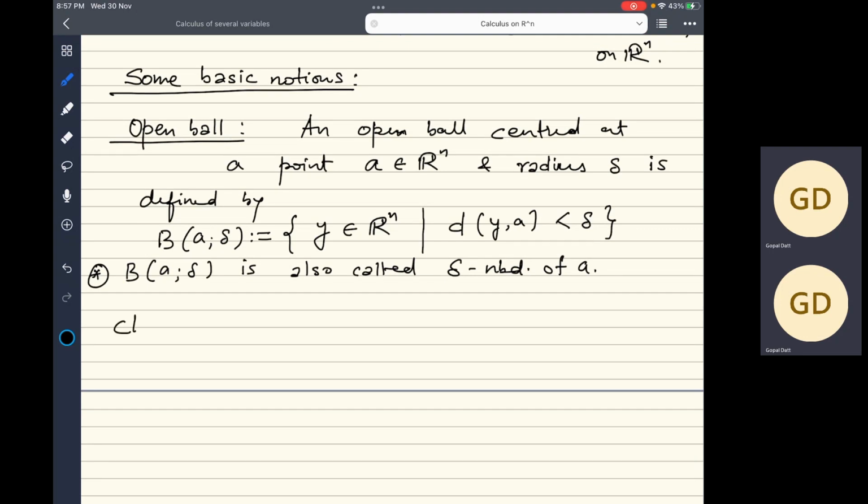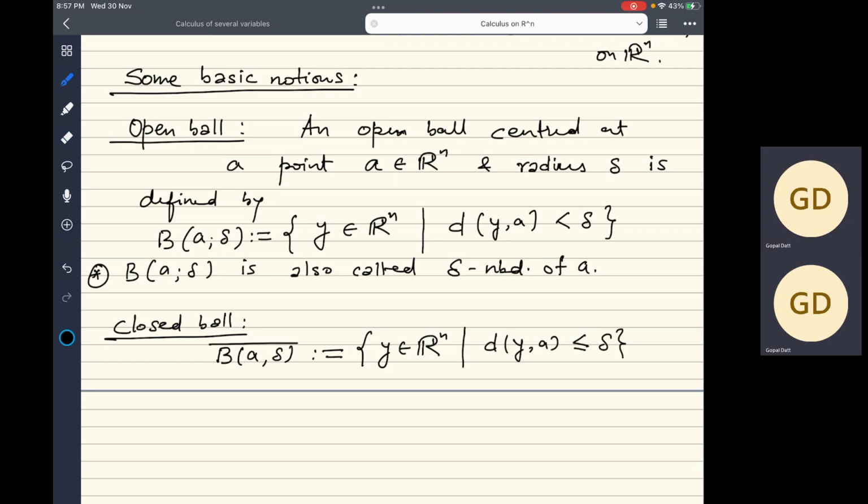What is closed ball? Closed ball centered at A, radius delta, we will denote by B(A, delta) bar, and it is defined by this set: distance between y and A is less than or equal to delta. This is closed ball.